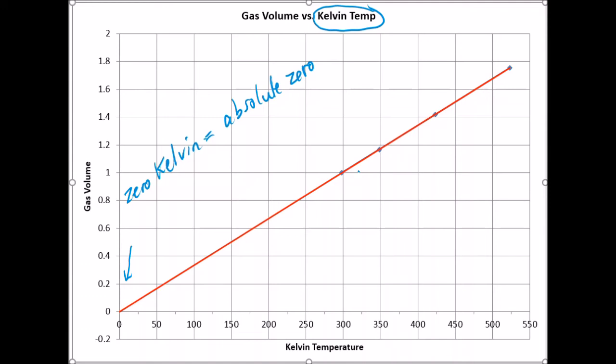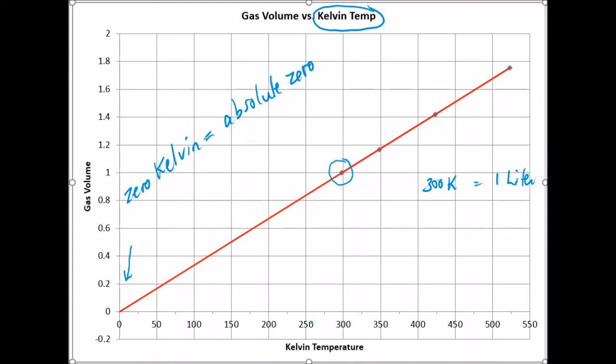This scale has great advantages mathematically. If you look here, here's actual data where we have about 300 degrees Kelvin, 300 Kelvin. The volume is 1 liter. So I'll write it this way. It's not precisely 300 Kelvin, but for the purposes of this graph, it's fine.